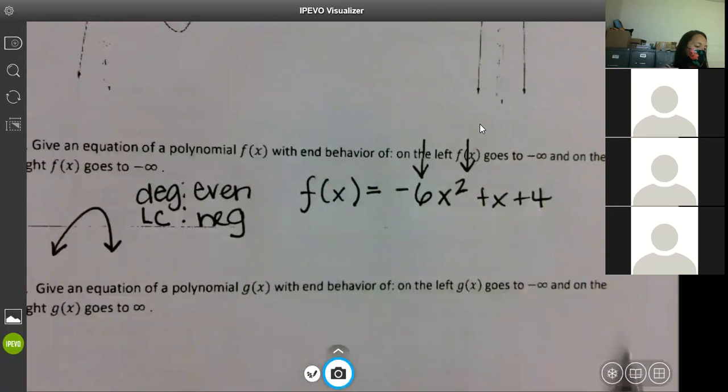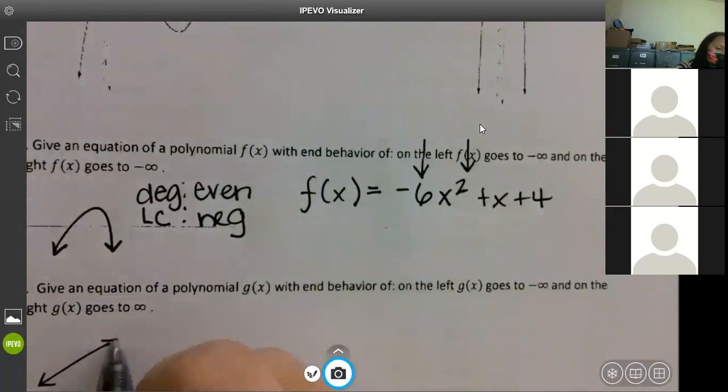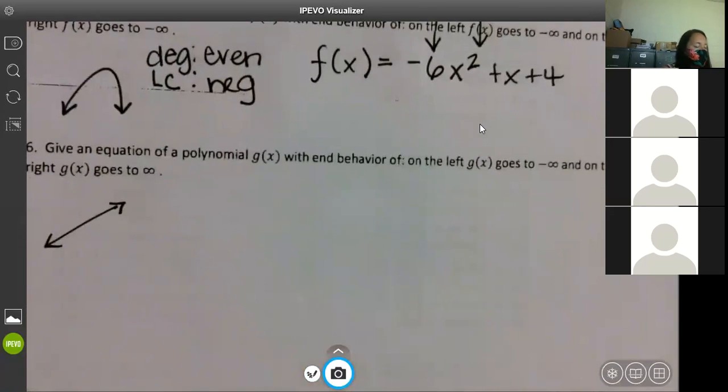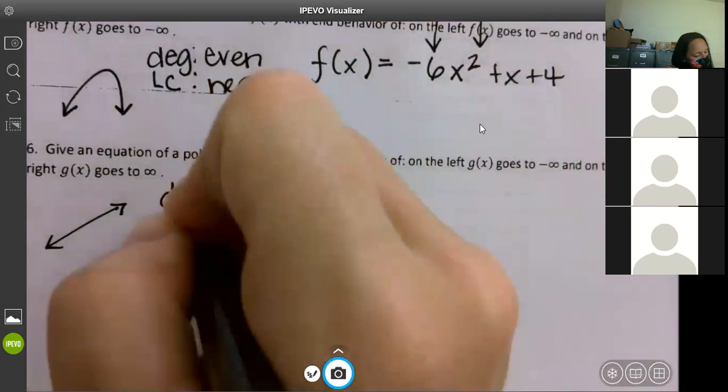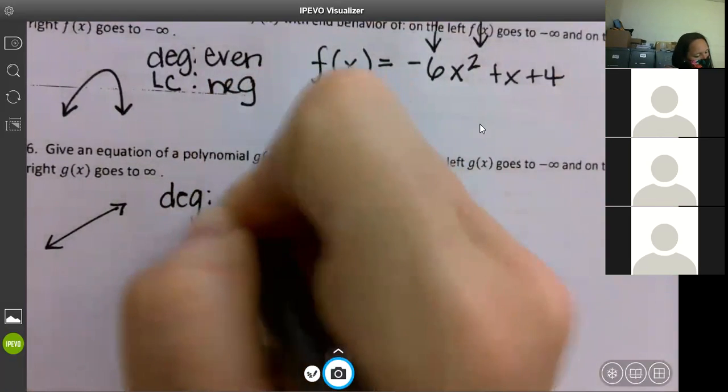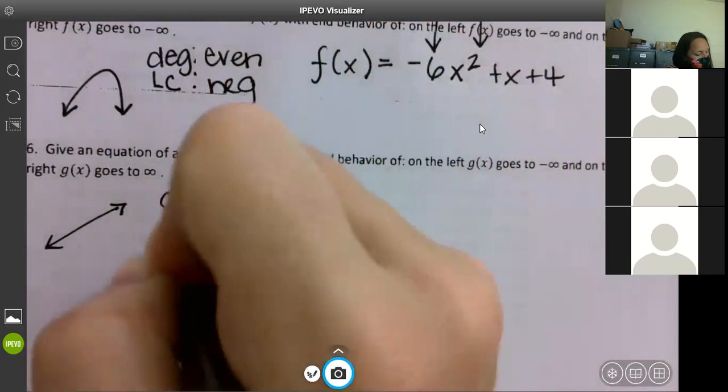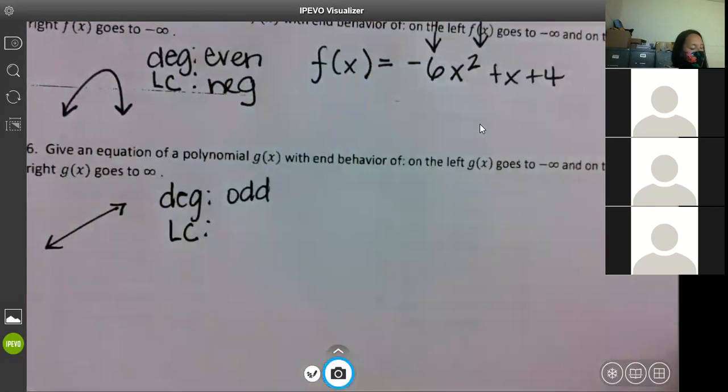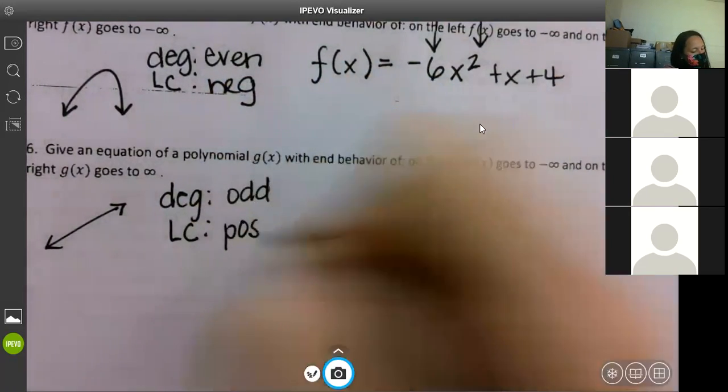One more. On the left, it goes to negative infinity. That means it points down on the left, and on the right, it points up. Down on the left, up on the right. So what does our degree have to be? What kind of number? Odd. What does our leading coefficient have to be? Positive, because it increases.